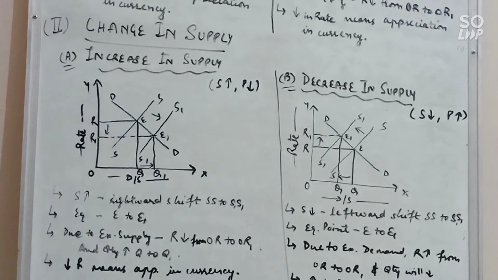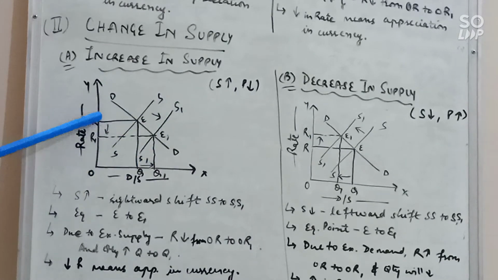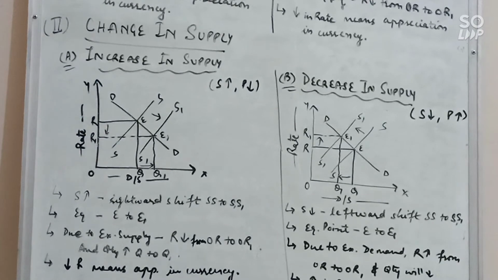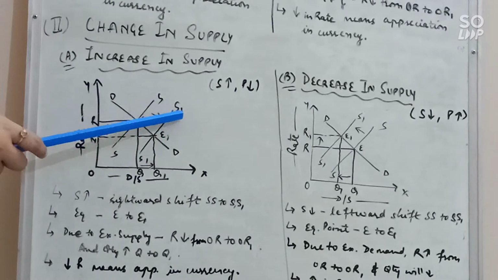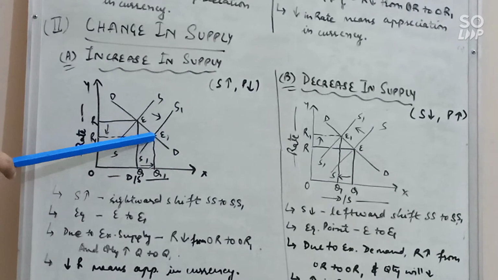Increase in supply shows excess supply in the foreign exchange market. Due to excess supply, rate will decrease because there is less demand. To increase the demand, we need to decrease the rate. Supply is more. So we have new equilibrium point, that is E1, because new S1 curve intersects demand curve at this point E1.